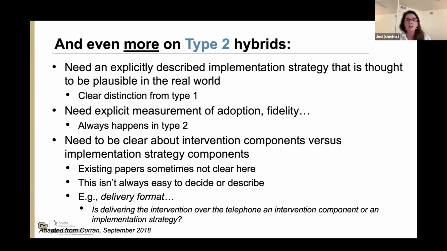But then we've kind of evolved to pathway, which is the care process, being the intervention, and things like practice facilitation and training are the implementation strategy. So it's really a matter of how you want to define things and just be consistent and clear throughout your proposal.